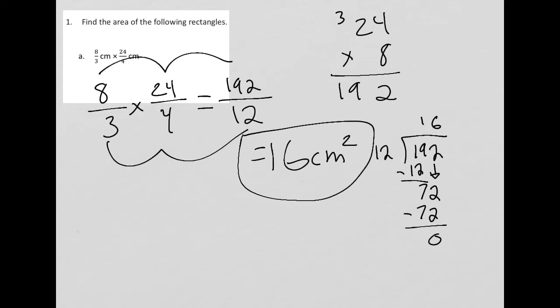Now, you can see here why sometimes doing the fraction greater than 1 method can be a little harder in certain cases because it gives you larger numbers to work with. Like 24 times 8, I can't do that math in my head. So I have to use scratch paper to do that big multiplication to get 192. And then again, this simplifying of 192 divided by 12, I can't do that in my head.